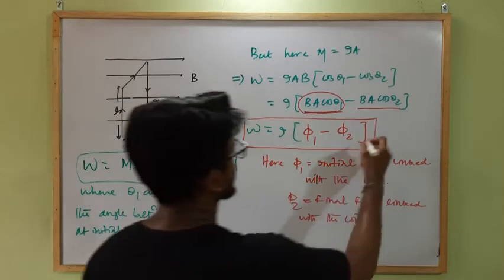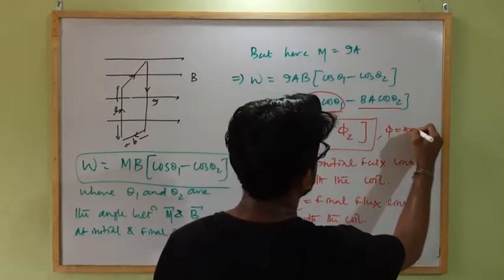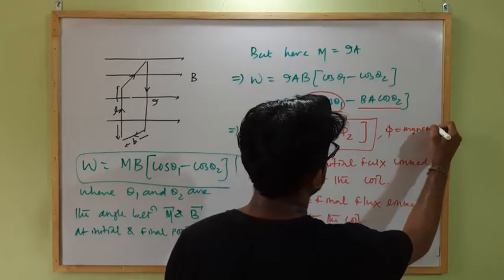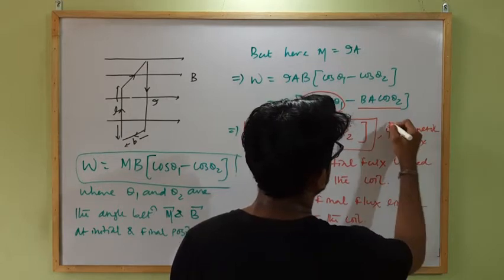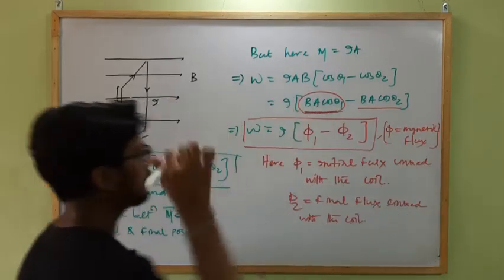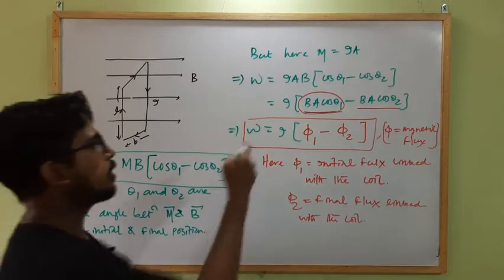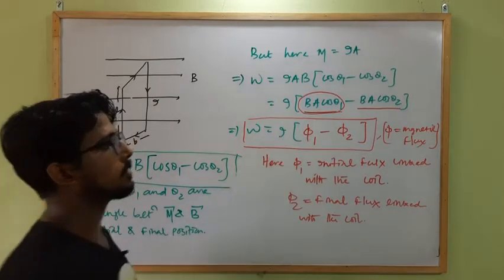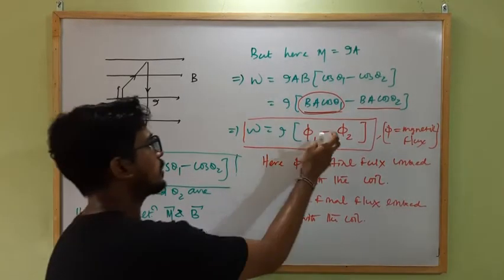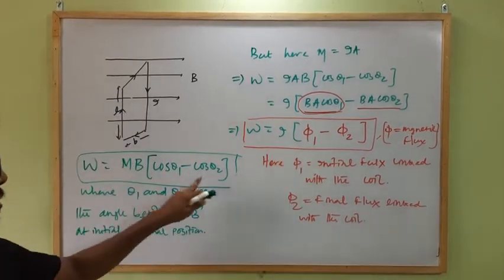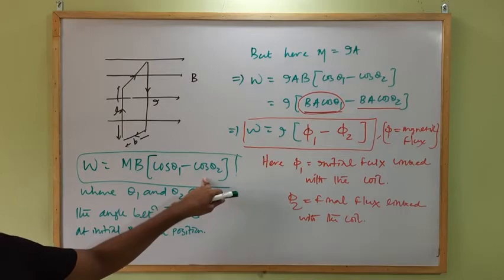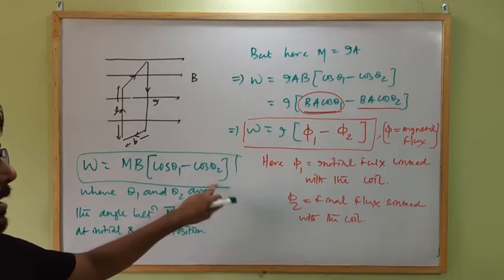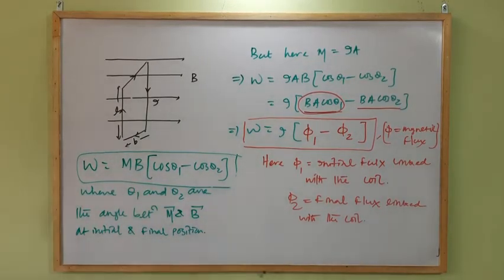Okay, what is flux? Phi equal to here magnetic flux. Clear? Okay, so the work done will be the current flowing through the coil into initial flux minus final flux linked with the coil. You have to remember this formula, and this is also the expression for the work done for a current carrying loop present in an external magnetic field. Clear?